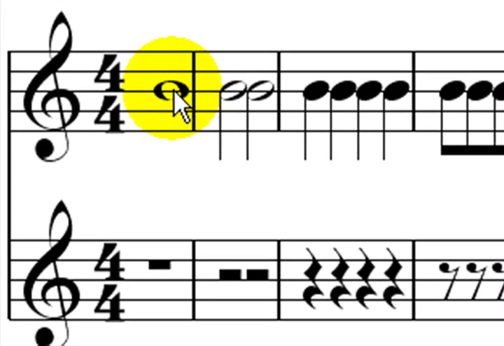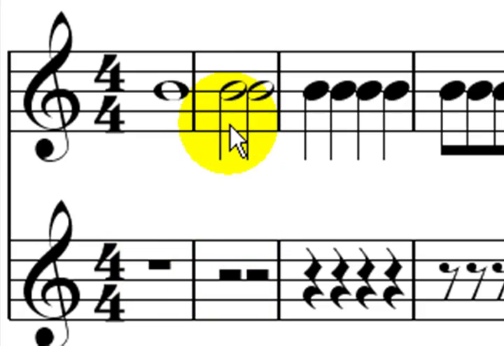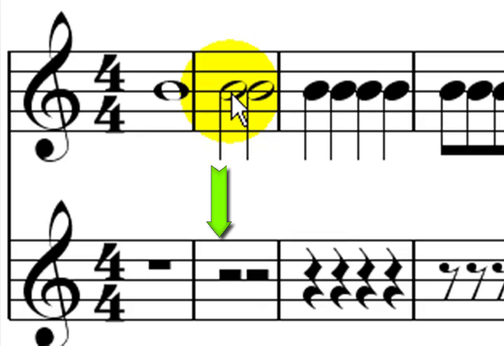Here above we have a whole note. And this sign here, this little box that's hanging from the fourth line, is called a whole rest. Now this over here is a half rest, and that connects to the half note here above.